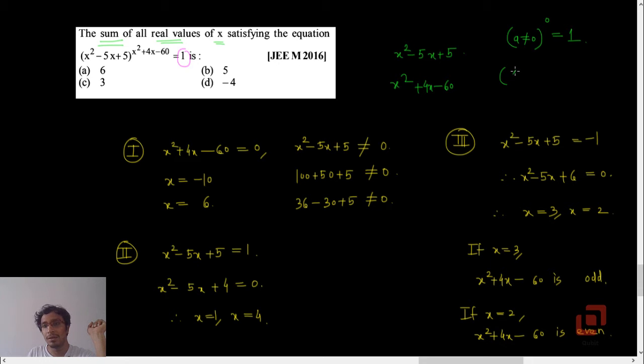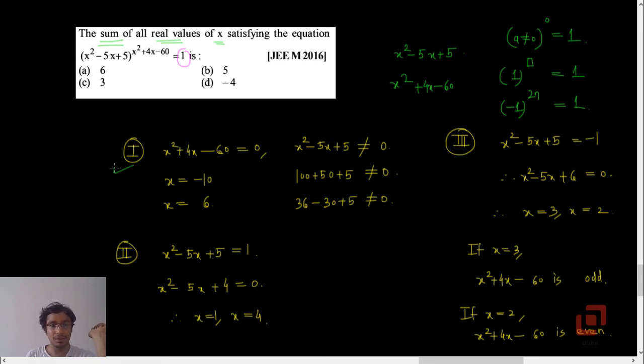Then 1 raised to any number is equal to 1. So here the base is 1 and the index can be any number. And minus 1 raised to any even number will be equal to 1. So we need to consider these three possibilities now.